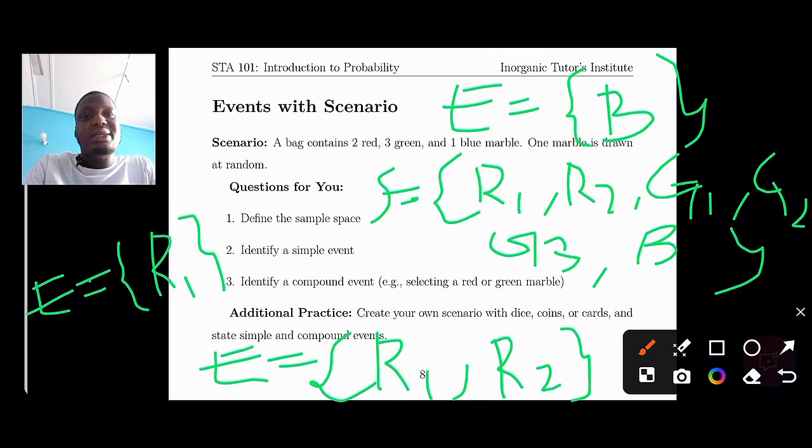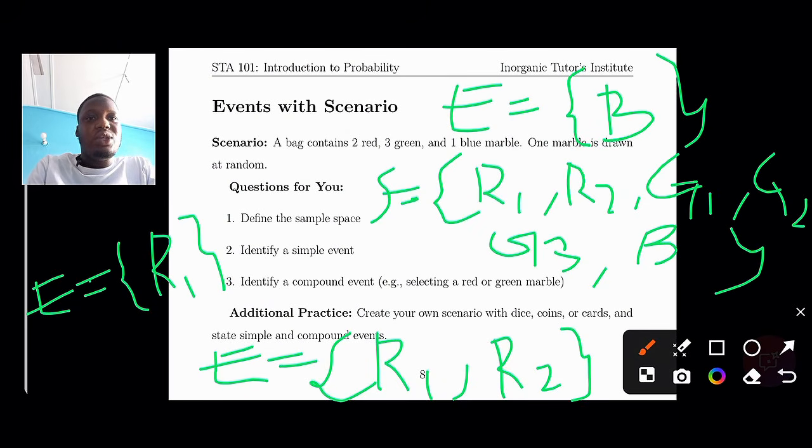So if you generalize it, the event of selecting a red marble is R1, R2. But if you say the first red marble, then we have R1. Pardon me if I'm confusing the ball with the marble, but it's the same item. It shouldn't really cause confusion in this discussion.